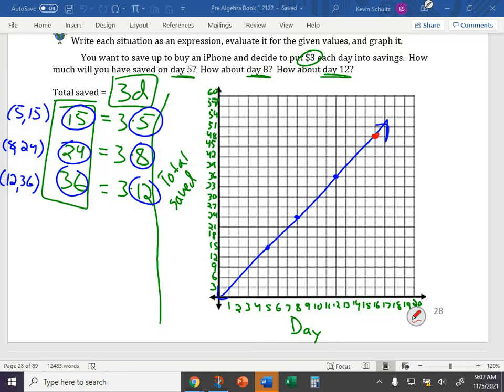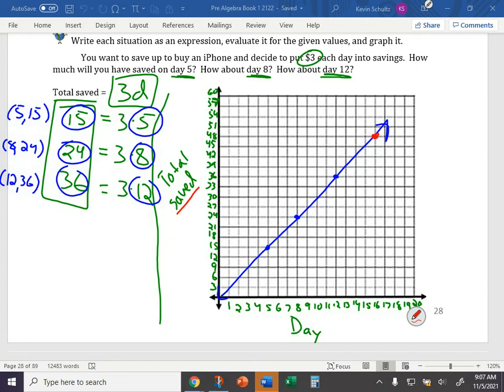Okay? How long will it take us to save $42, Tony? How long will it take us to save $42? Well, total saved is our y-axis, right?